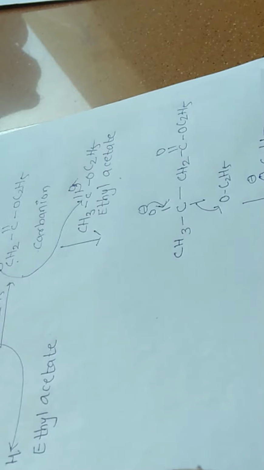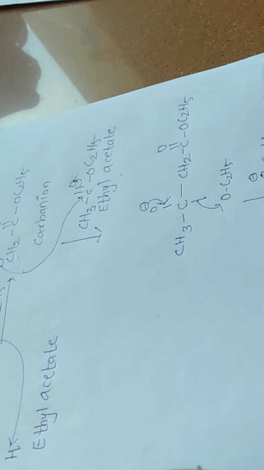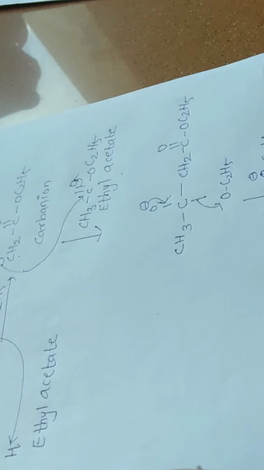Why? Because you can see that this is our ester, hence at the end ATE will be added. And what we also get is C2H5OH, which is our ethanol.